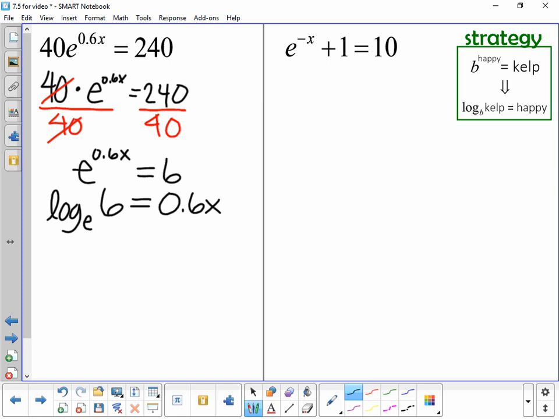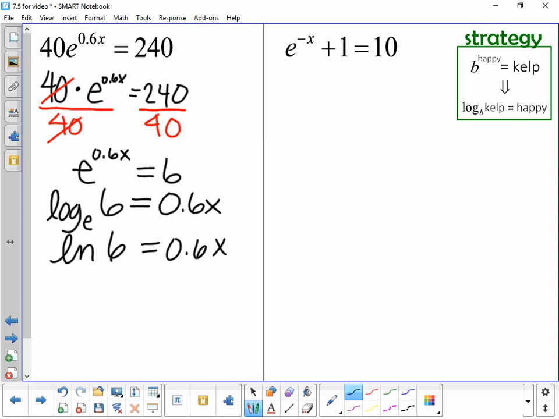Well, we don't often see a log written with a base e, because hopefully you remember that that is usually written as the natural log. The natural log of 6 is 0.6x. Our calculator can calculate that natural log quite easily.